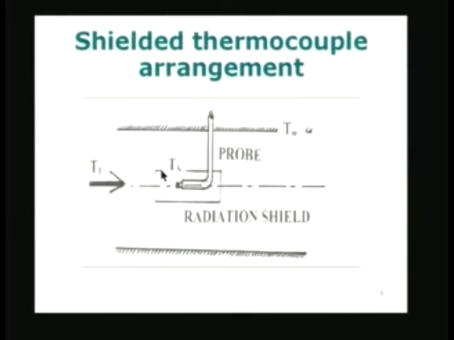At the same time, both the probe as well as the shield are in convective contact with the hot fluid. So, there will be some heat transfer from the fluid to the shield also.